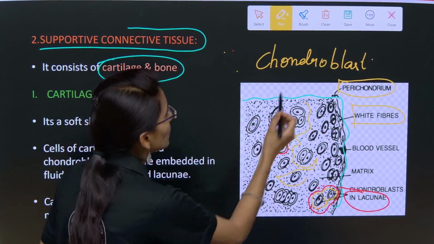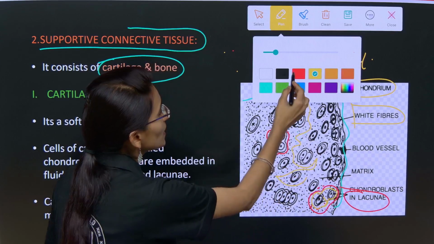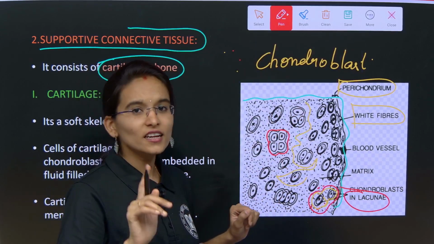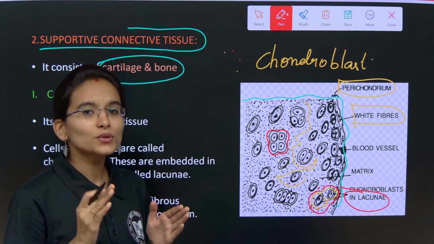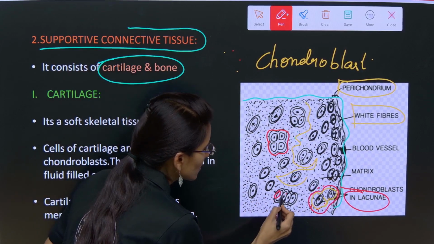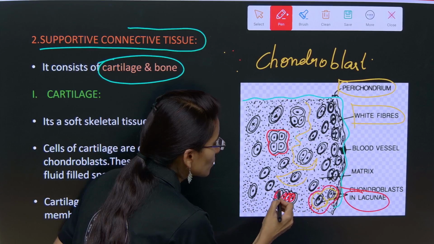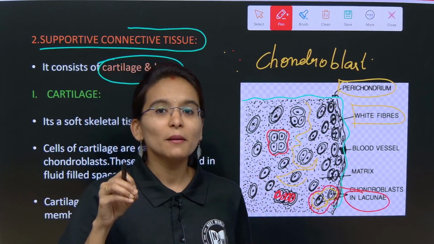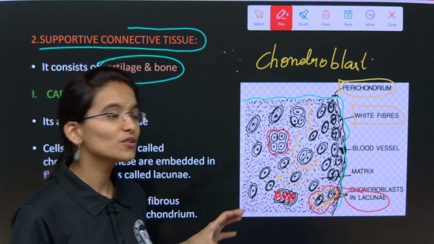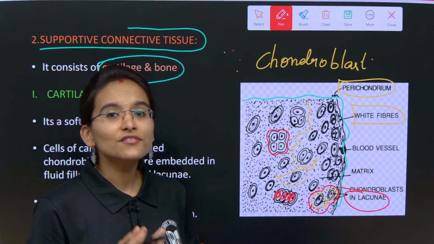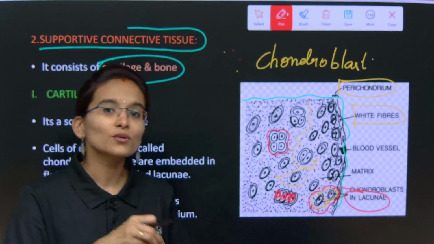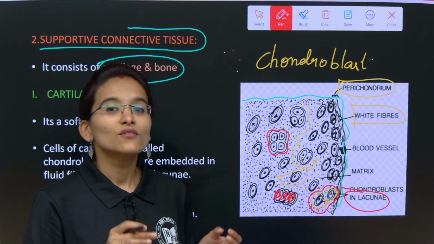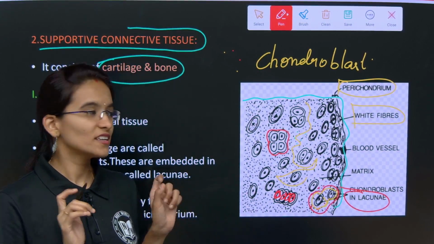The chondroblast may not be only one in a lacuna; 2 to 4 cells can be embedded. Lacunae are the fluid filled spaces which contain the chondroblast cells present in the cartilage.